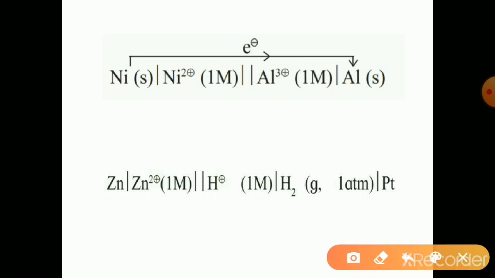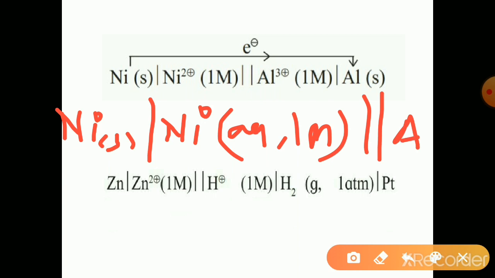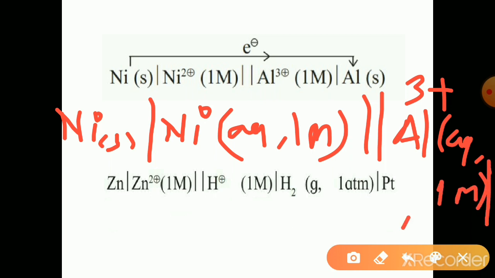Here also we can indicate the representation like this: nickel in the solid state is in contact with the nickel ions in the aqueous state, its concentration is 1 molar. In this way you can show this. And this is in contact with the aluminum ions, Al3+, its state is aqueous, 1 molar, and this is in contact with the aluminum in the solid state.